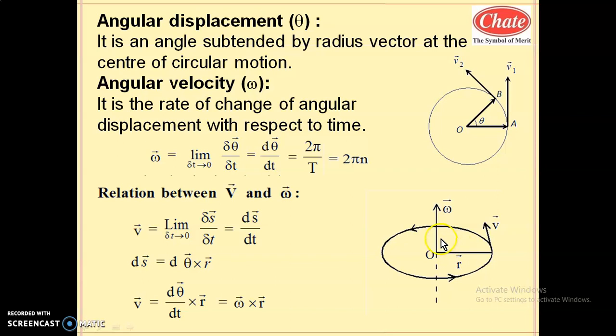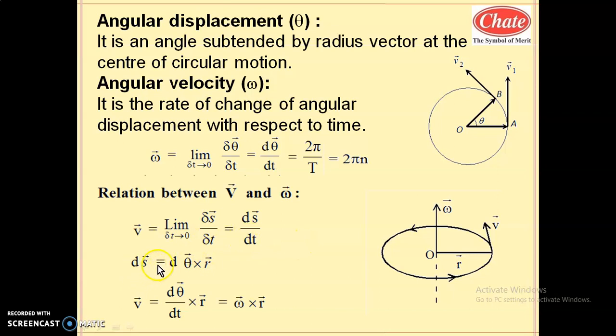Applying the right hand thumb rule, if the curled fingers show the direction of the product taken, that is delta theta cross r, then the direction of displacement is in this direction by the right hand thumb rule.